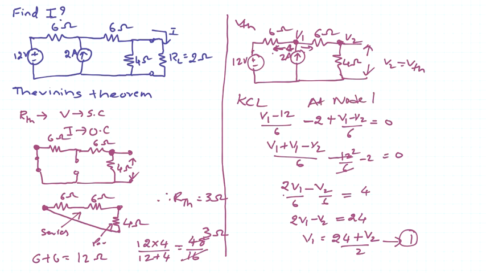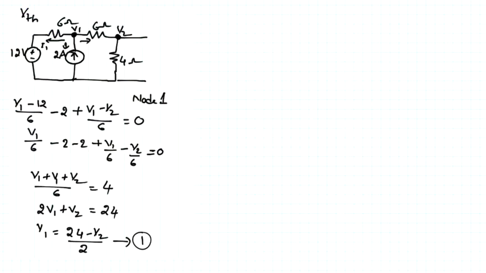Okay, so again we have to find out at node 2. Okay, let us see at node 2. You can see here, this is one current and this is another current.